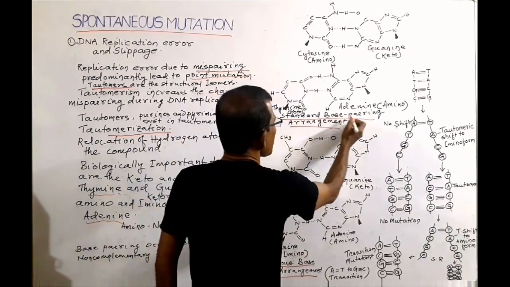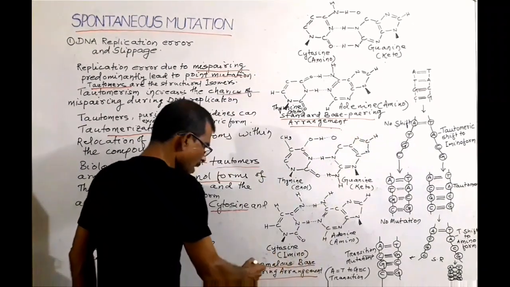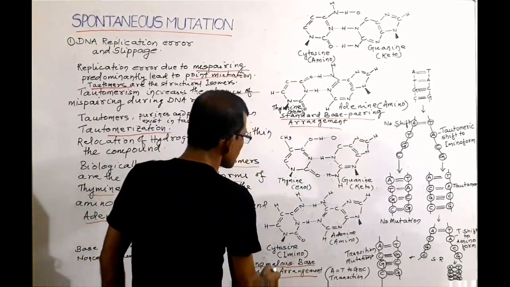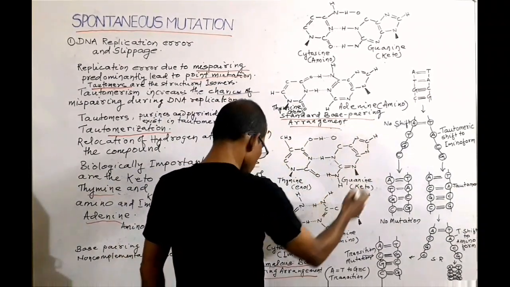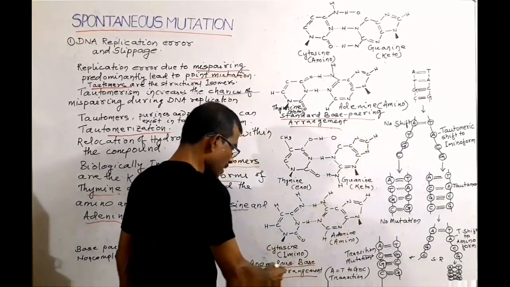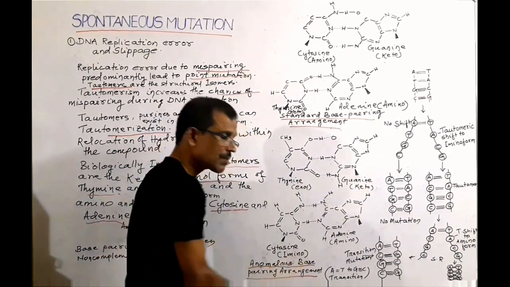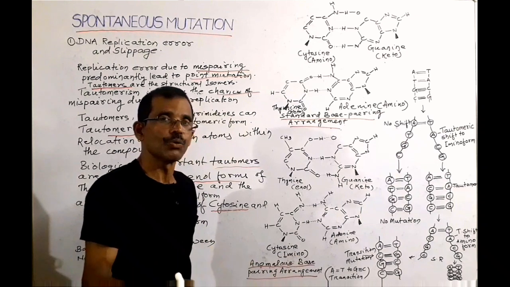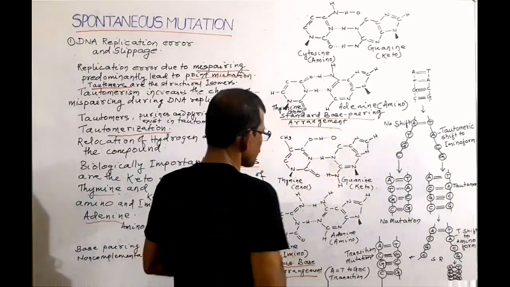One is the standard base pairing arrangement and the other is the anomalous base pairing arrangement. Standard base pairing arrangement is normal, whereas anomalous base pairing arrangement is abnormal, and this anomalous base pairing gives rise to point mutation.